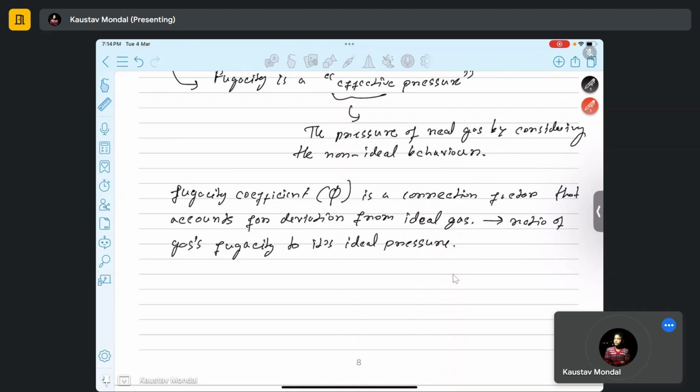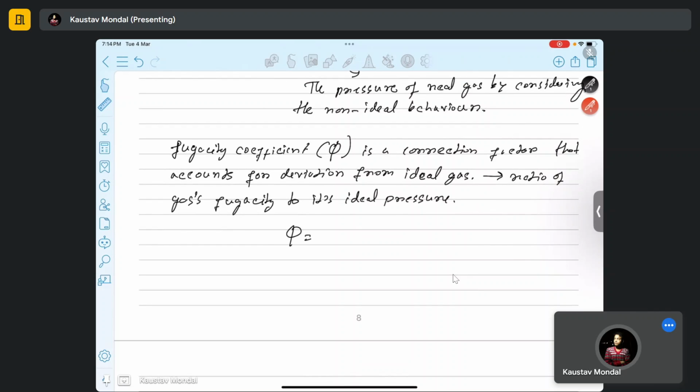So phi is equal to F by P. Phi is the fugacity coefficient, F is the fugacity, and P is the pressure. Okay, so this is it.